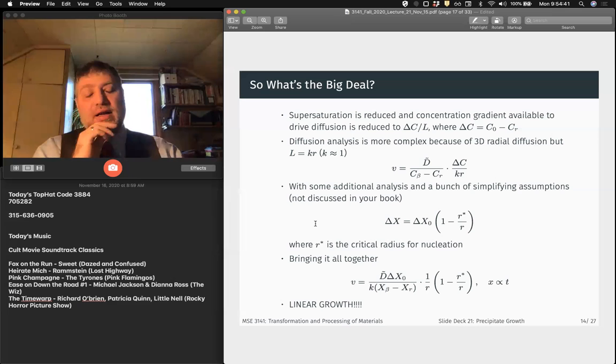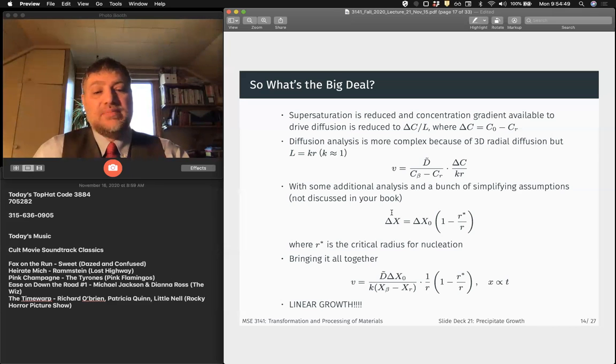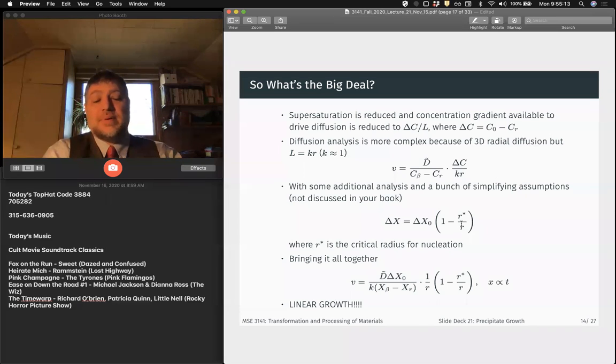But we can show, you can work through it and show that the change here in our mole fractions, our delta x versus delta x naught, is going to be dependent on the ratio between r star, which is our critical radius for nucleation, and the radius of that tip, right?